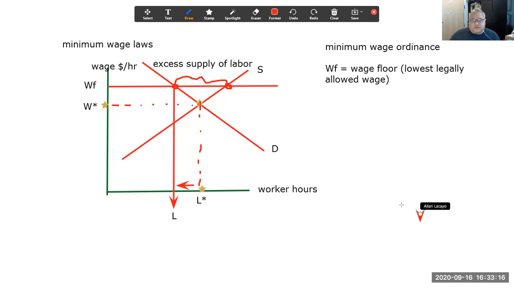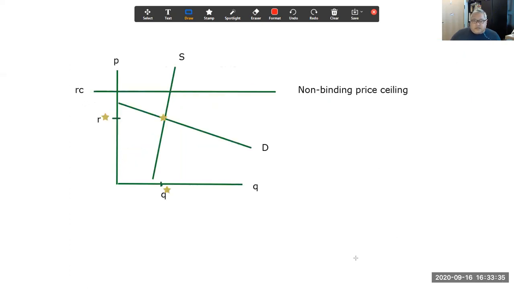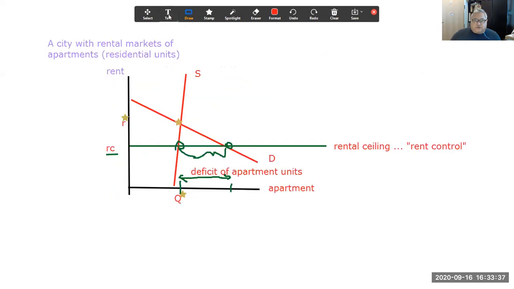So that's an example of the utilization of this market tool to explain, in part, binding minimum wage ordinances and their impact on the market of labor. Just like in the earlier example, we did a binding example of rent control.